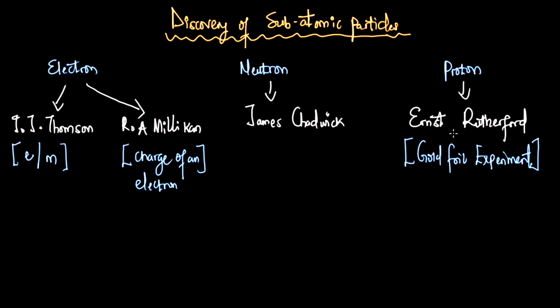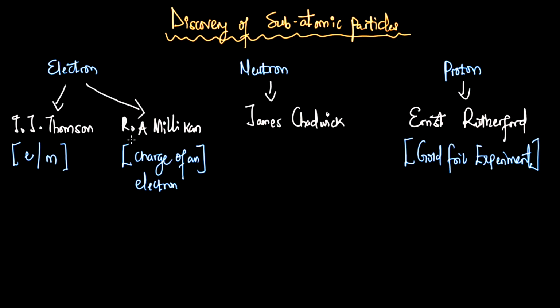So experiments have shown that atoms are composed of subatomic particles: protons, neutrons, and electrons. Now let's talk about the discovery of these subatomic particles. The electron was majorly discovered by J.J. Thomson. J.J. Thomson's work was able to provide information about the charge to mass ratio.